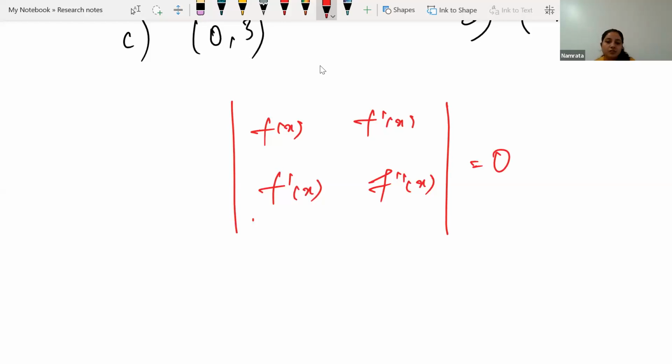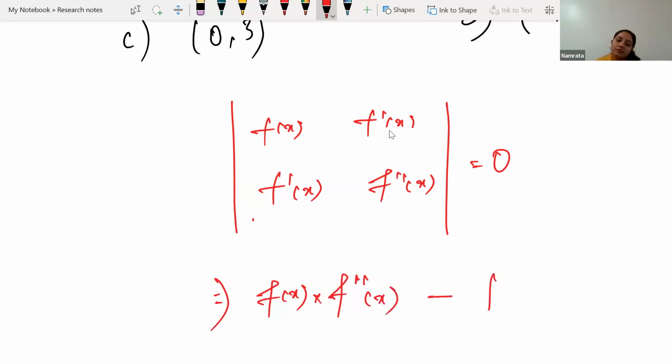We know how to solve the determinant. We will do the multiplication and solve it. So it will be f of x times f double dash x minus f dash x into f dash x. This is how we do. So we have just solved the determinant.